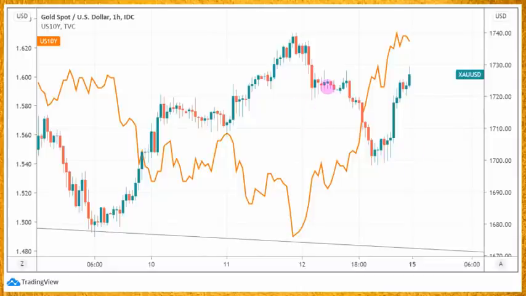Another interesting thing that I spotted was if you look at the hourly scale for gold, and what I've done is compare it here to the 10-year Treasury yield, which is shown in orange here. And so far we've been talking about how when the yields go up, then gold prices have been dropping.